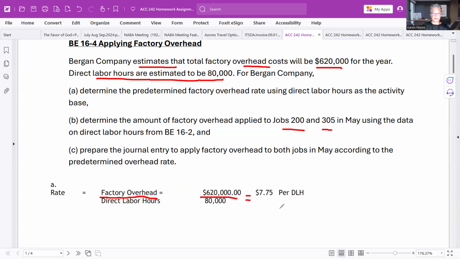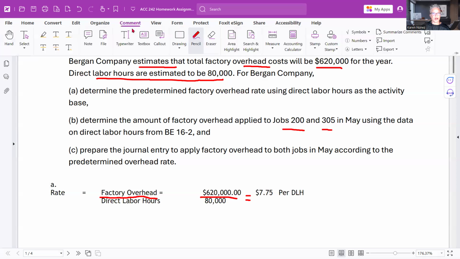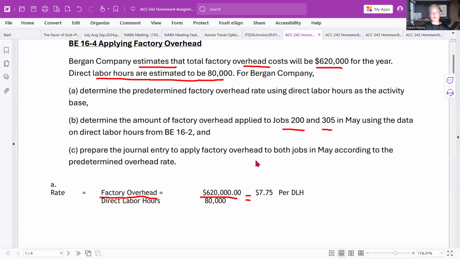Our rate is $7.75 per direct labor hour. So every time we can trace a direct labor hour to a job, we're going to assign $7.75 of overhead for each direct labor hour.